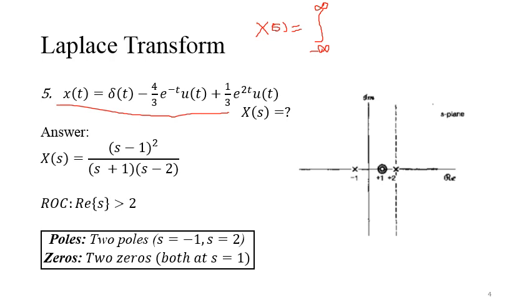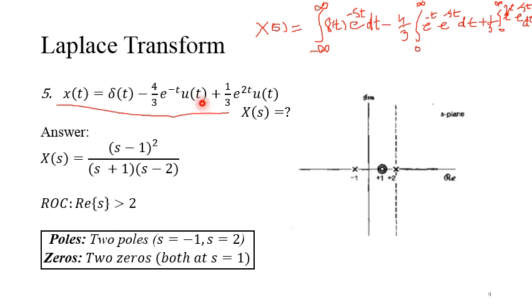That means we have impulse of t times e^(-st) dt plus, applying the formula on all the terms. Because we have u(t), the integration will be from 0 to infinity, and similarly for the third term also.